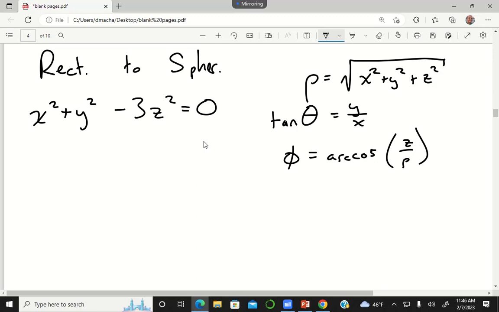So we're trying to take this equation, which is in terms of x, y, and z, and completely convert it to an equation that only mentions rho, theta, and phi.